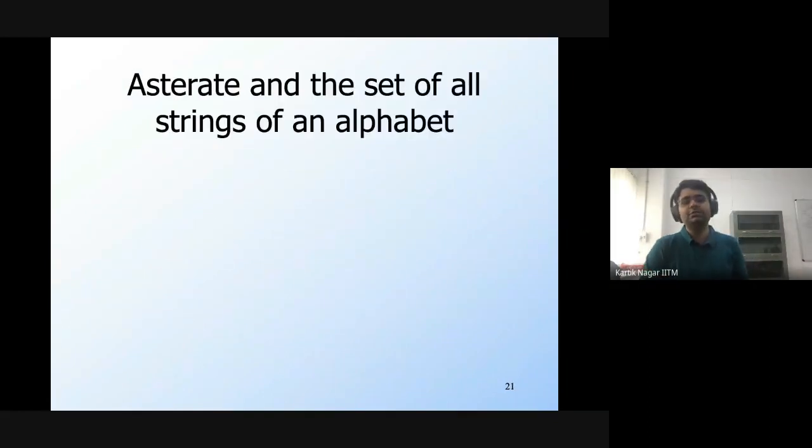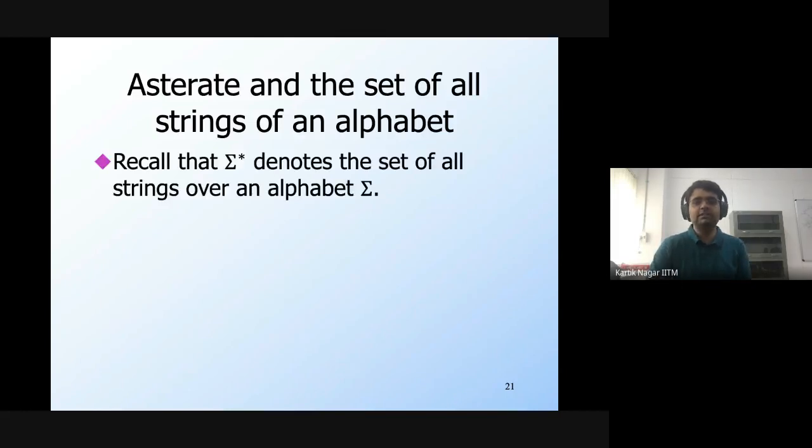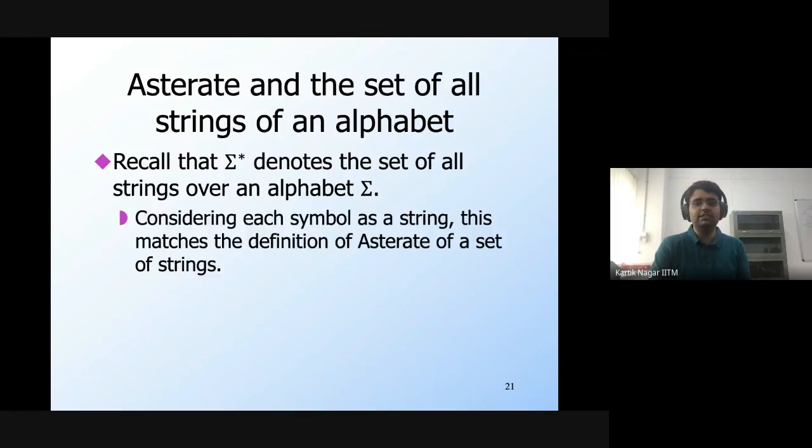Okay, so remember that this asterisk is denoted by the star notation. But we saw the star notation before as well, where it was used to represent the set of all strings of an alphabet. So given an alphabet sigma, we used sigma star to denote the set of all strings of an alphabet. But now we are also using this star symbol to denote the asterisk of a set of strings. Notice that both of these definitions actually match with each other.